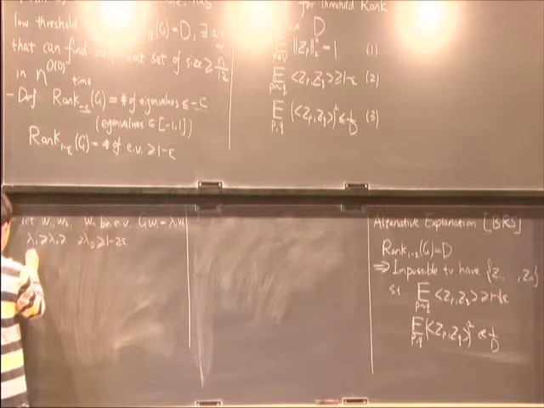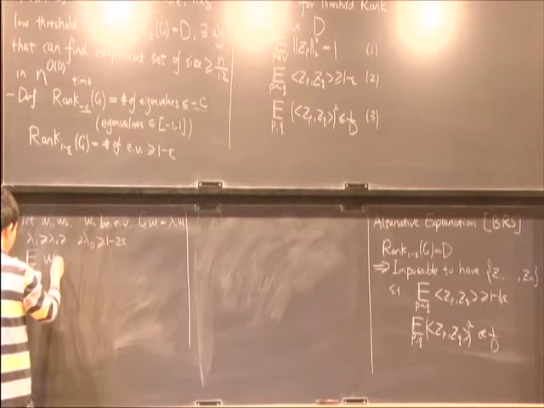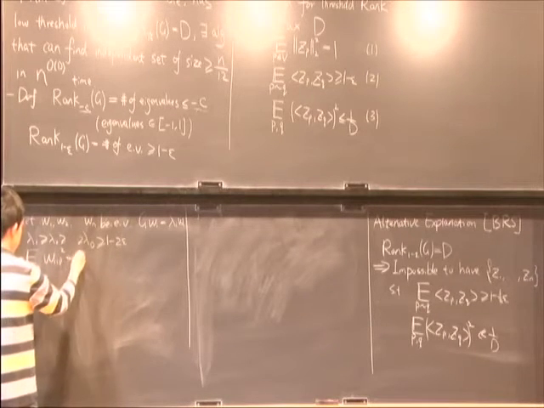Also, they are still normalized, so that this norm, expectation over p of w_i(p) squared, is 1.